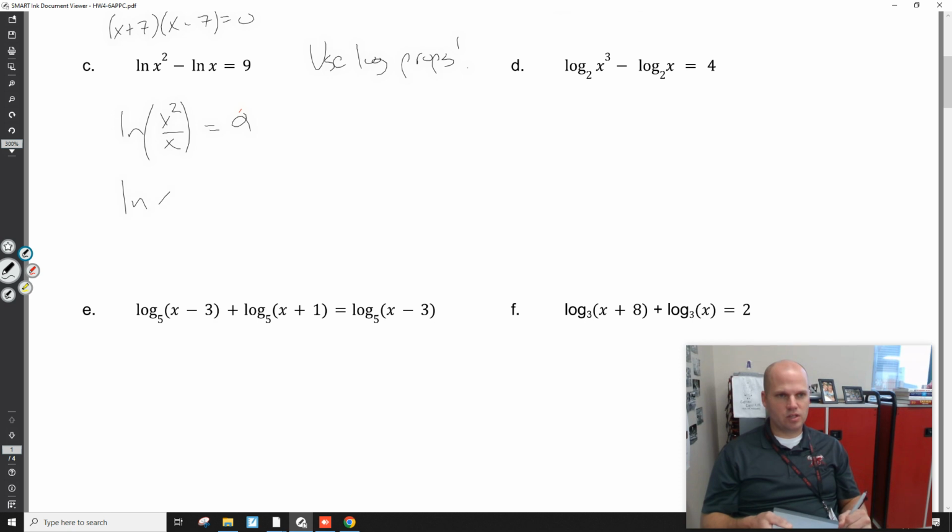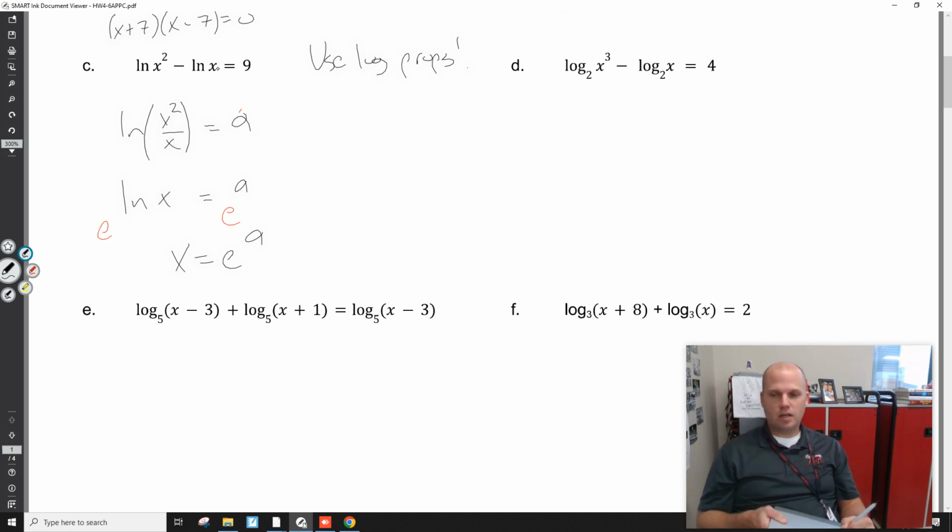I'm going to simplify this to be natural log x equals 9. I will then get rid of the natural log with e to a power. x equals e to the ninth. Let's see, the natural log of e to the ninth squared is 18, because 9 squared, you multiply those powers, you don't take the power to the power.